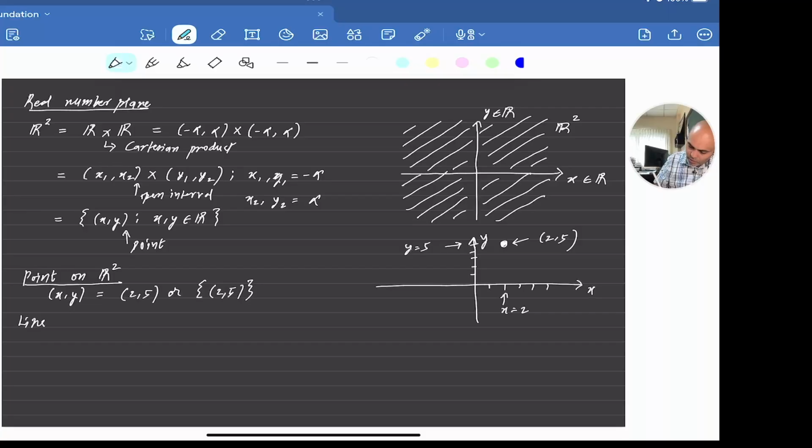Now let's see how to represent a line on R2.